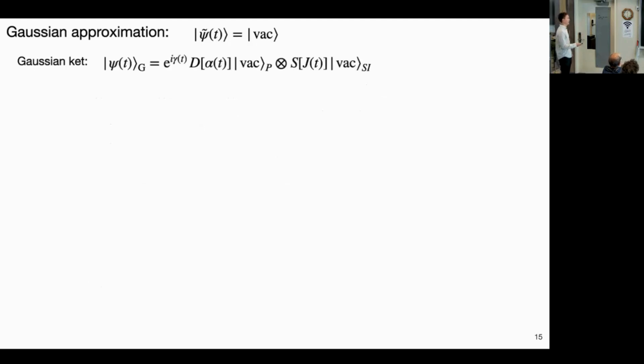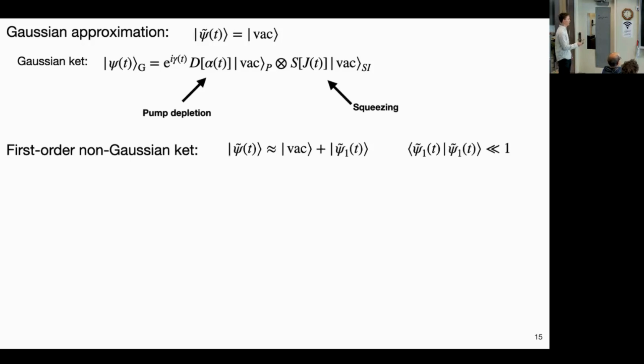This results in a Gaussian ket for the full system, which is given by a displaced vacuum state for the pump with a time-dependent amplitude, because there could be depletion of the pump through this efficient process. And that's multiplied by a squeezed vacuum state for the signal and idler. This is typically what you would expect coming from a ring in this approximation. Of course, this part describes pump depletion, this part describes squeezing, and they're uncorrelated.